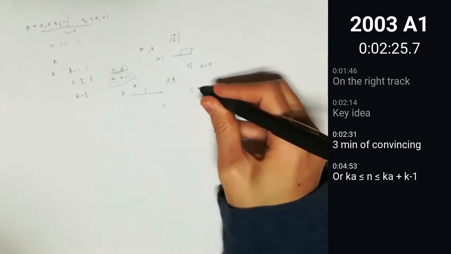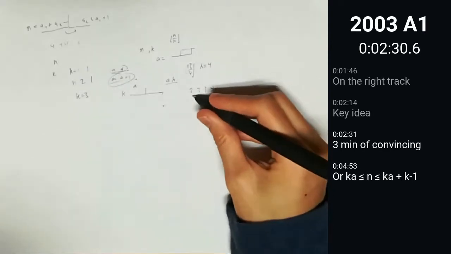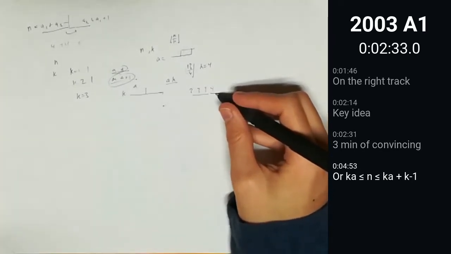Then we're going to have 3, 3, 3, and 4, because you take the floor. So this is definitely a solution.